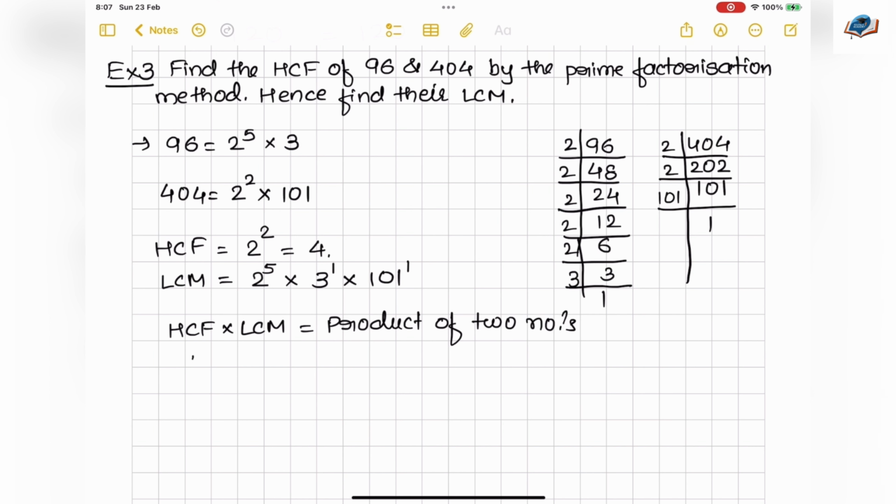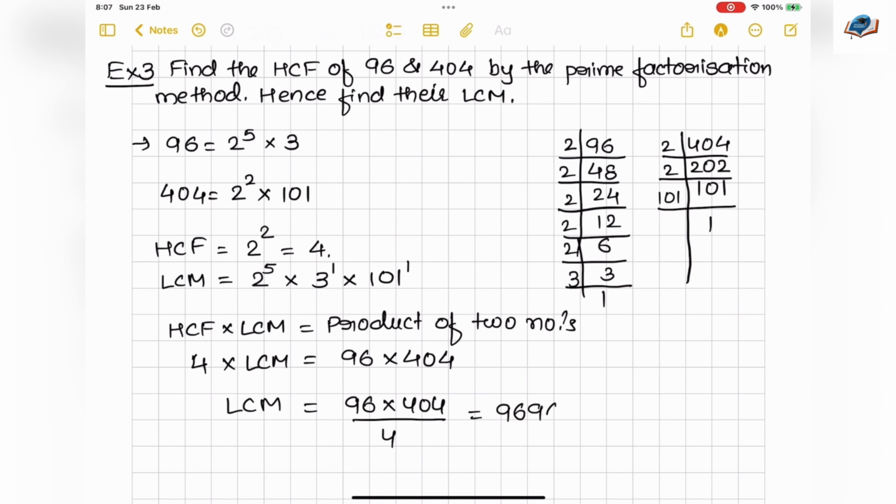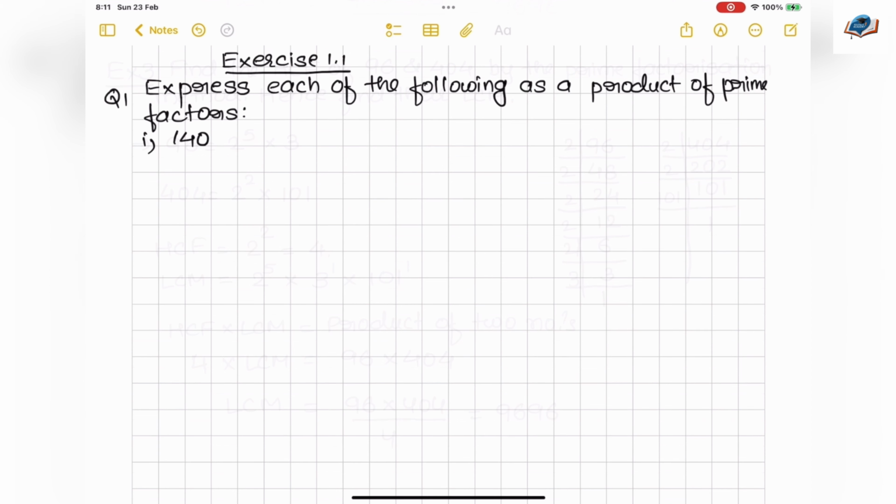See, HCF of 96 and 404 came as 4 into LCM, I don't know, equal to the product of two numbers, 96 into 404. So LCM will be 96 into 404 upon 4. So if you cut it out, you will get the final answer as 9696. So that LCM you will get by both the methods.